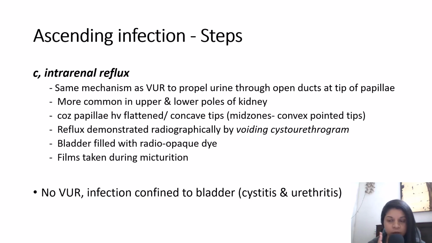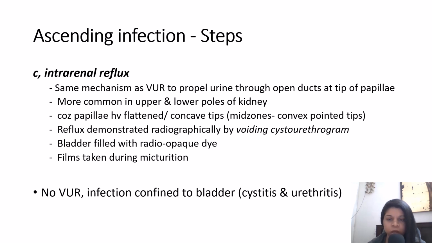The test which we do to check for renal pyelonephritis or infection, or if there is backflow, is called voiding cystourethrogram, or micturition cystourethrogram. That is when you are trying to pass the urine; only at that time will the urine backflow, and then only can we see the pathway.